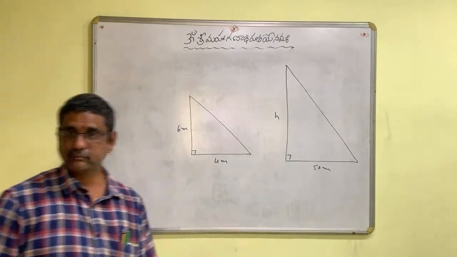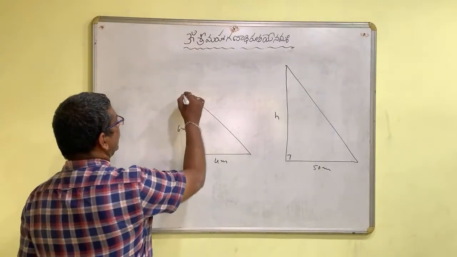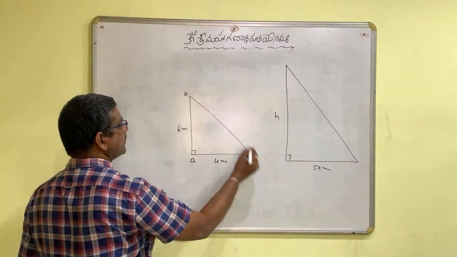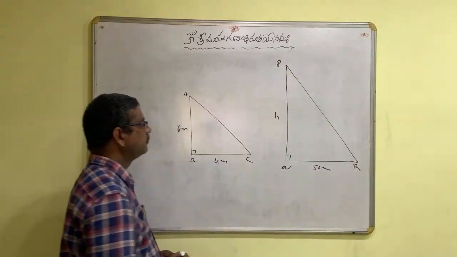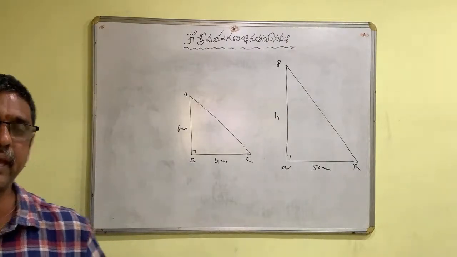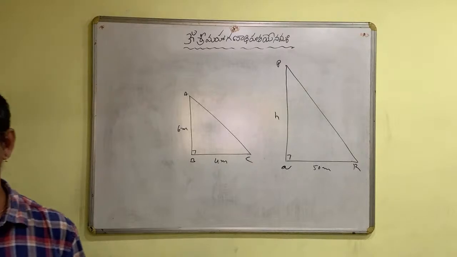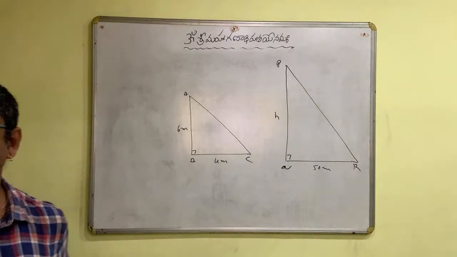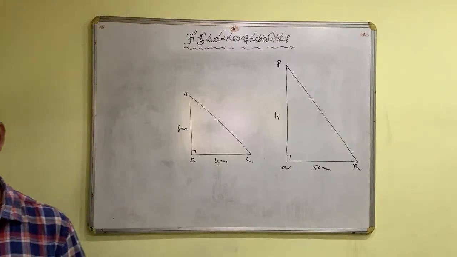See, children, here triangle ABC and triangle PQR both are right triangles. AB is a tree and BC is its shadow. PQ is a flagpole and QR is its shadow.